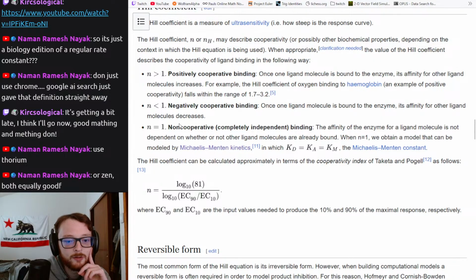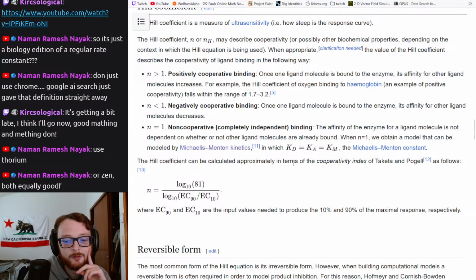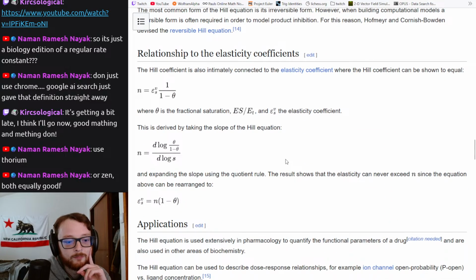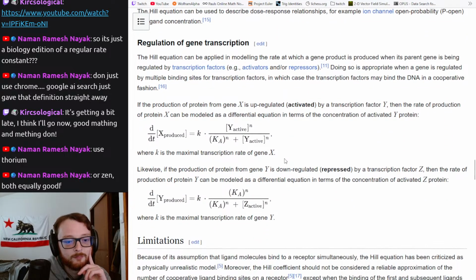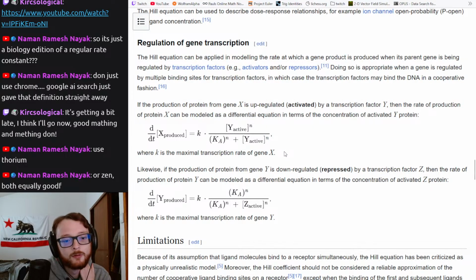Oh, interesting. Oh, so the Michaelis-Menten is a case of this. Oh, here we go. Okay, this is the exact thing that I was learning about in class, as a differential equation.